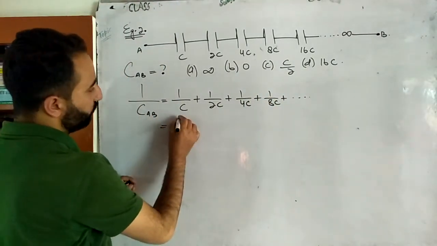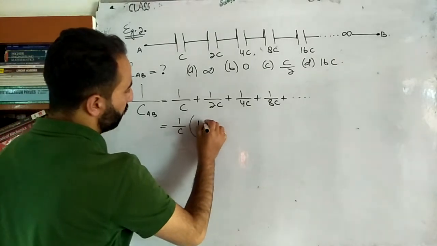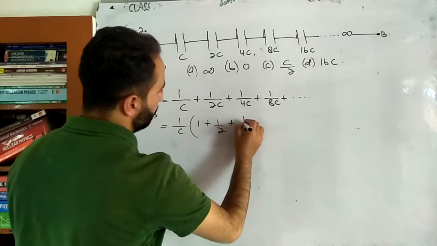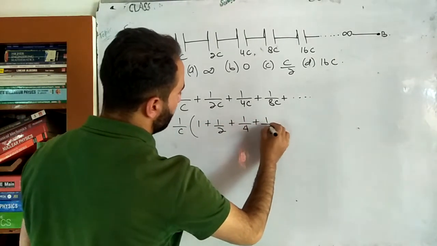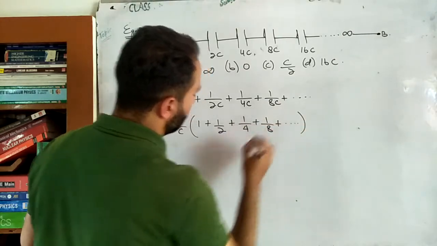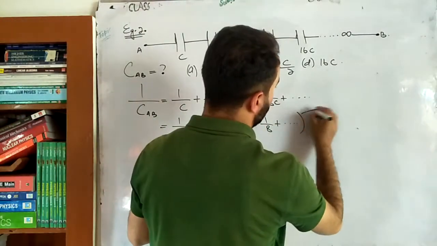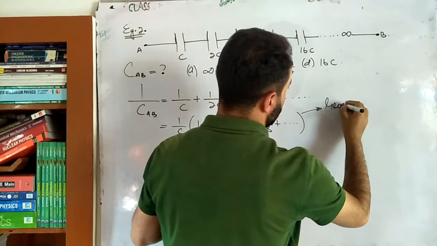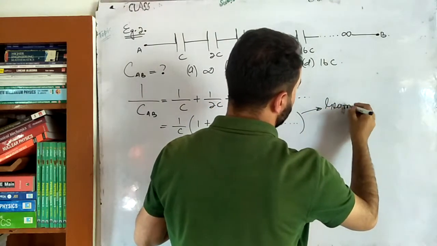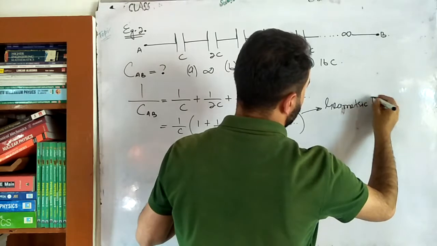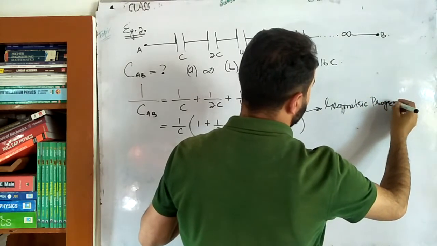Then what I will take common is 1 by C into 1 plus 1 by 2 plus 1 by 4 plus 1 divided by 8 plus so on. Okay. ठीक है बेटा? Now this is a GP, a geometric progression. What do we mean by geometric progression?